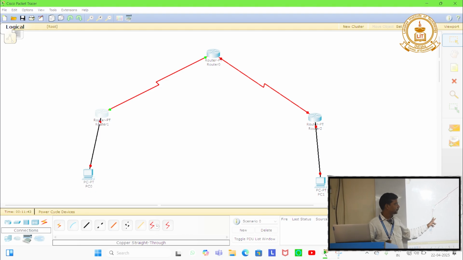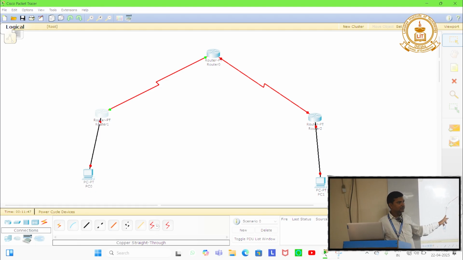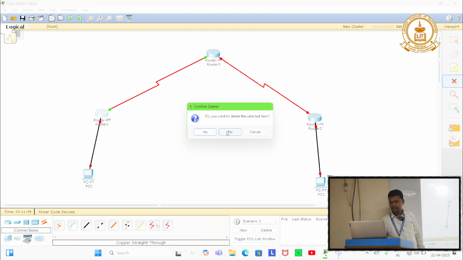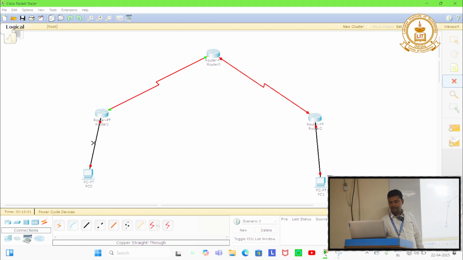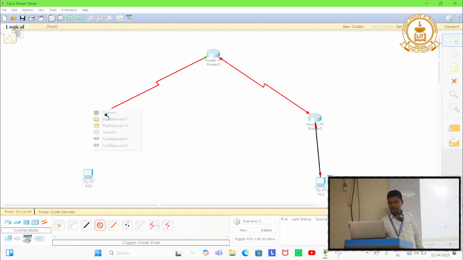So simple, we are going router to PC. We are using which cable? Straight cable. This straight cable is not suitable for router to direct PC. We are using cross cable. So simple, here there is a cross mark, cancel the cable. Okay, this is your cross cable, interface fast Ethernet 0x0 connected to PC0.